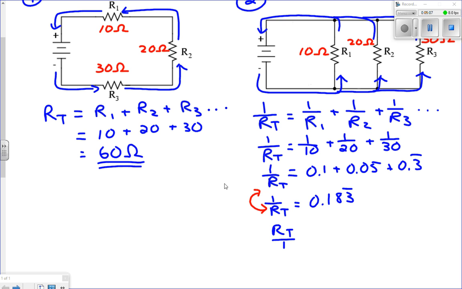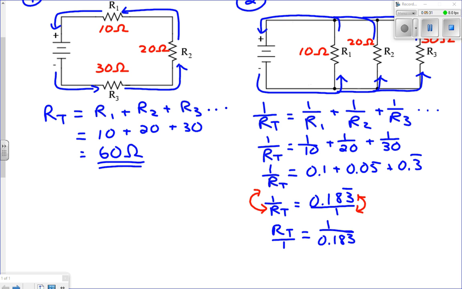Now, if we remember that 0.183 repeating is the same as 0.183 repeating over 1, then if we take the reciprocal of one side of the equation, we just take the reciprocal of the other side of the equation, which means this is equal to 1 over 0.183 repeating.